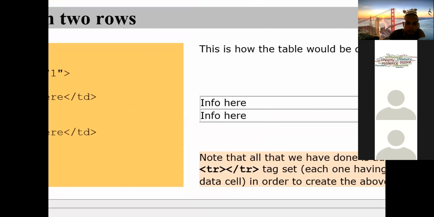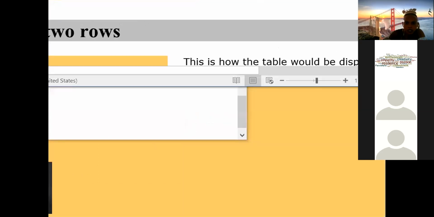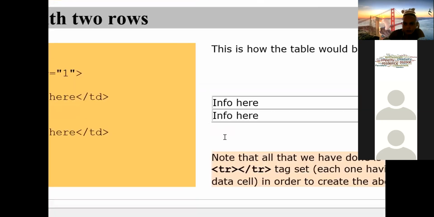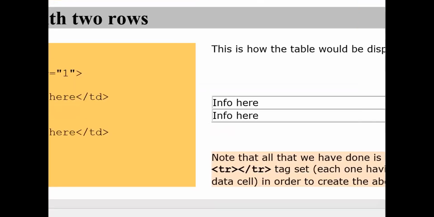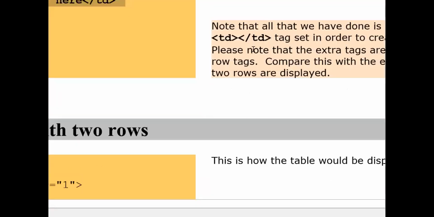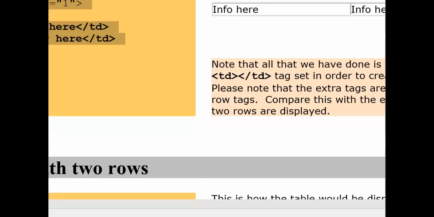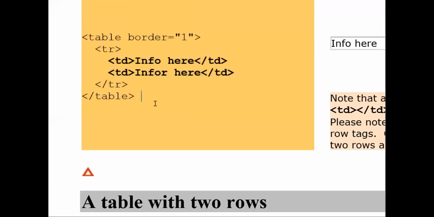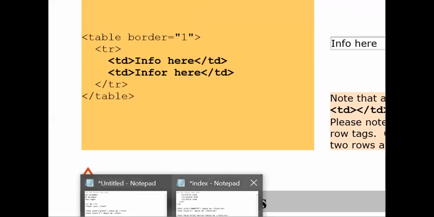Let me see how this one is. Okay. So allow me to copy this, okay? It will look like this. Are we together? Yes. I know it's a lot of work, but once we practice, we'll get better.